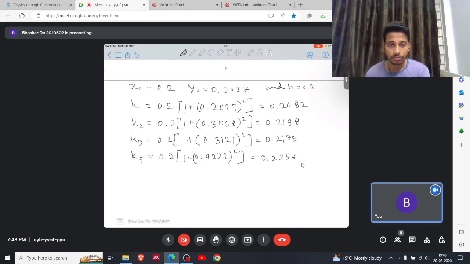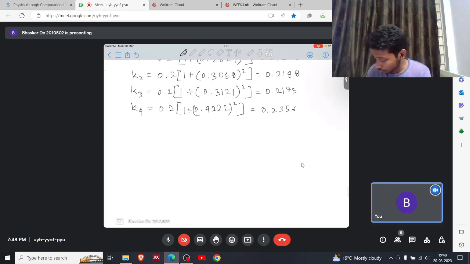So these are the values of k1, k2, k3 and k4 for the fourth order Runge-Kutta method. Now we can finally calculate the value of y at x equal to 0.4, that is 0.2027 plus 0.2201, which is 0.4228.